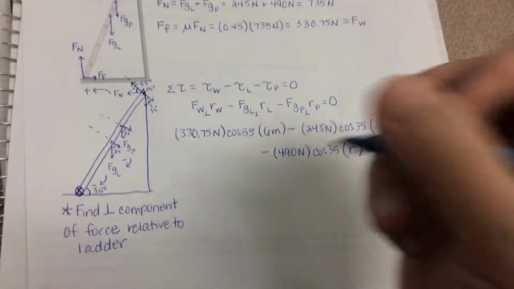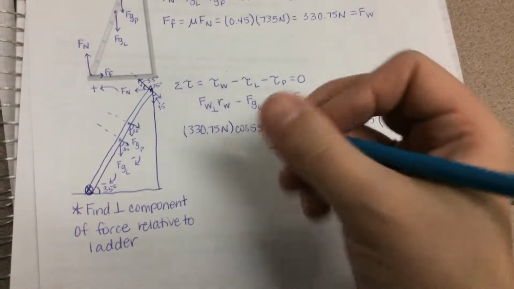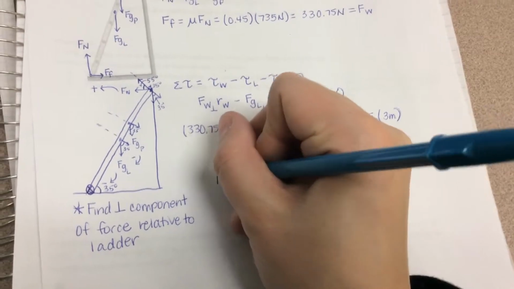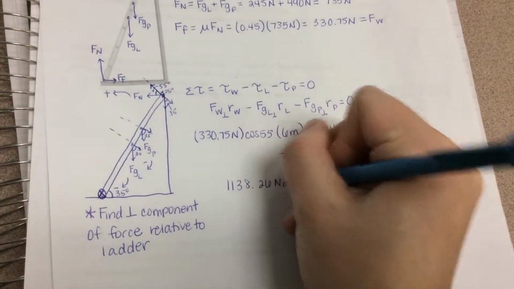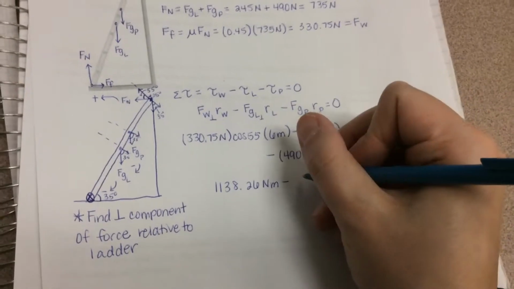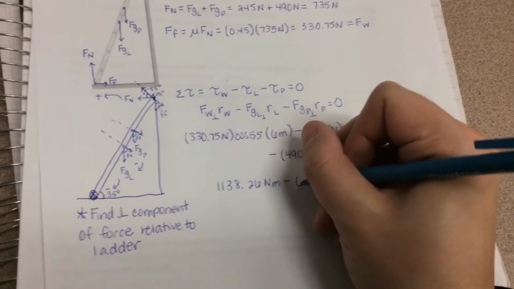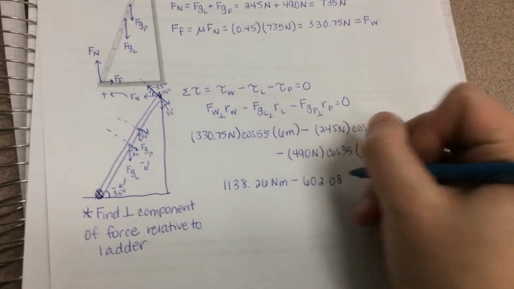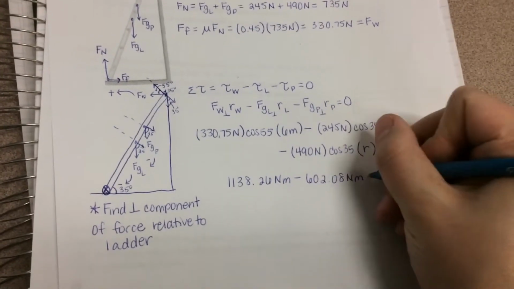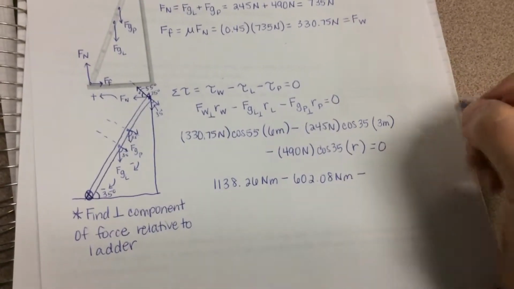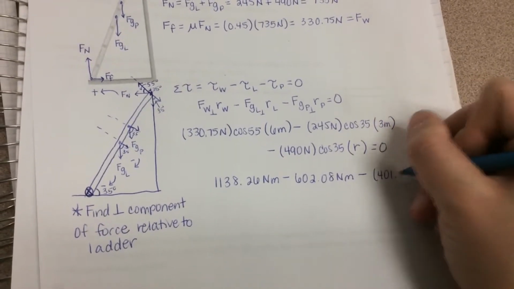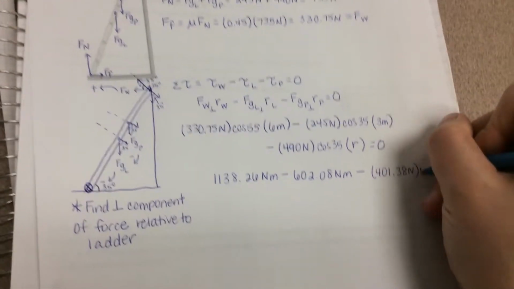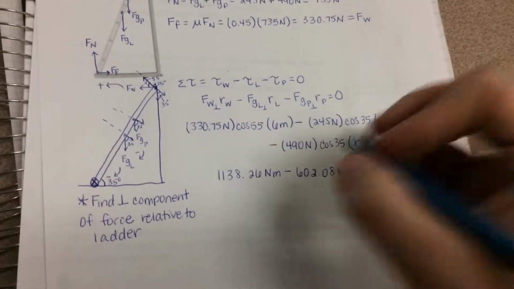So then when I do all the algebra, the torque from the wall ends up being about 1,138.26 Newton meters minus the torque from the ladder, which is about 602.08 Newton meters, minus 490 times the cosine of 35 ends up being 401.38 newtons times r, which equals 0.